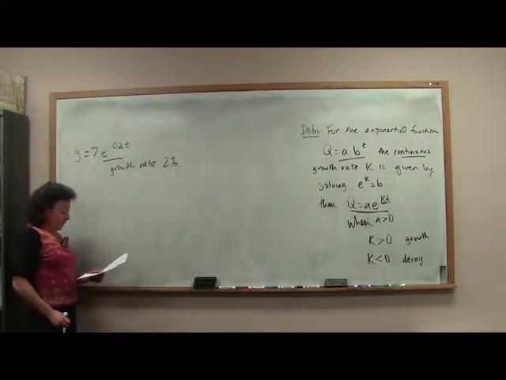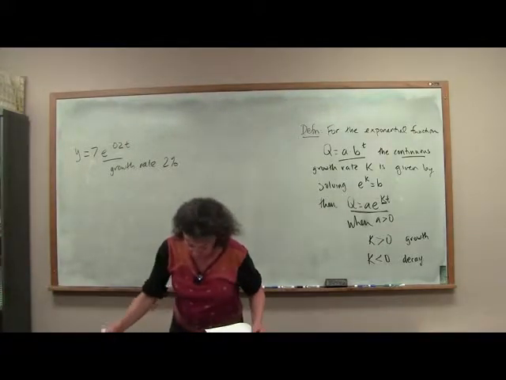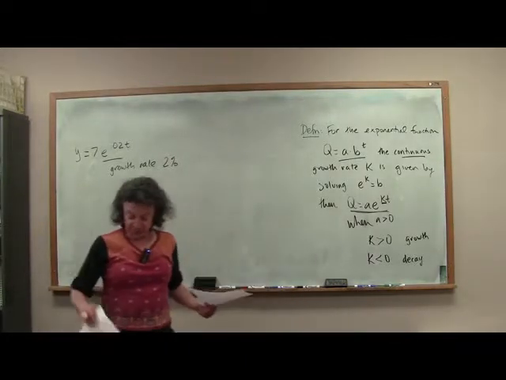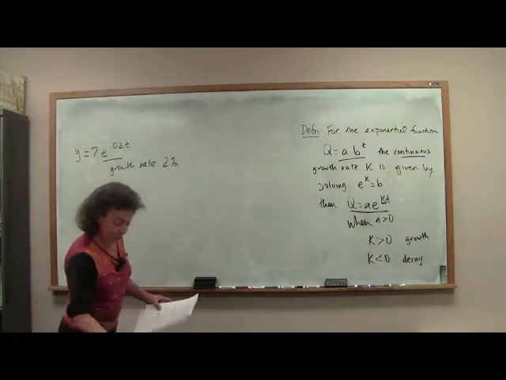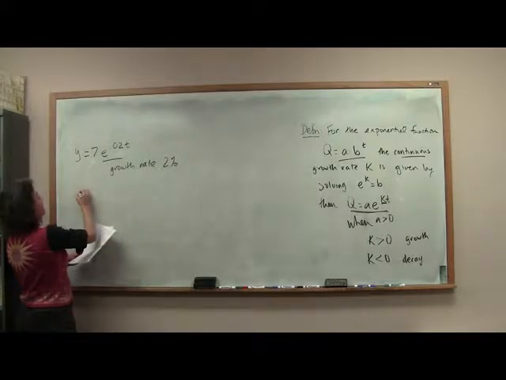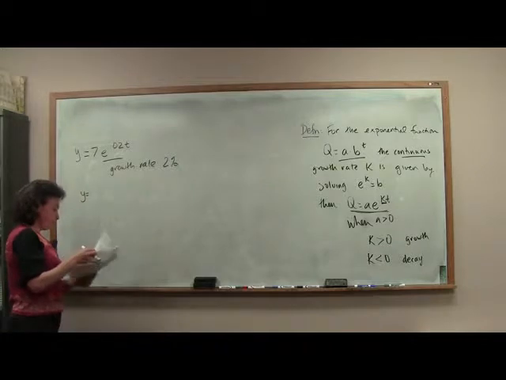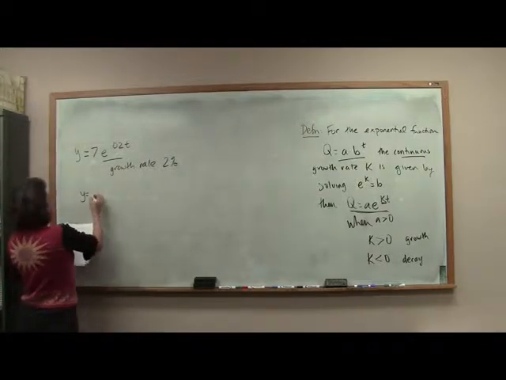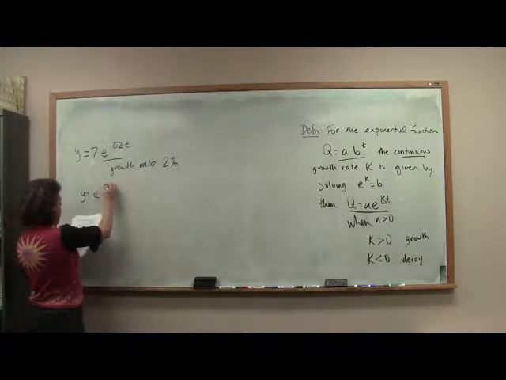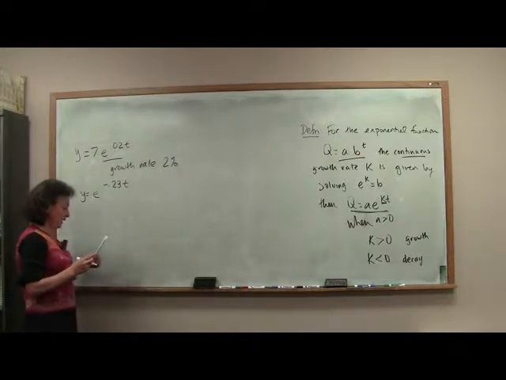Now, what's another example where we can talk about our various growth rates? What if I have, say, y equals e to the, how about negative 0.23t?